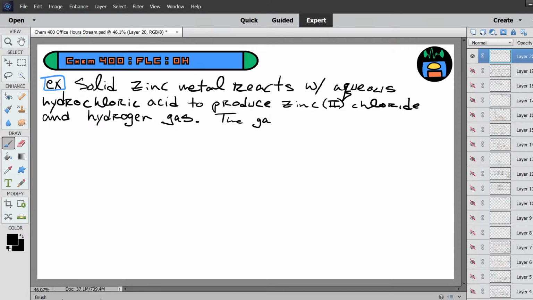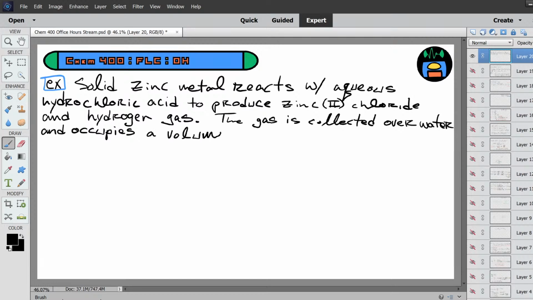The gas is collected over water and occupies a volume of 65.0 milliliters.